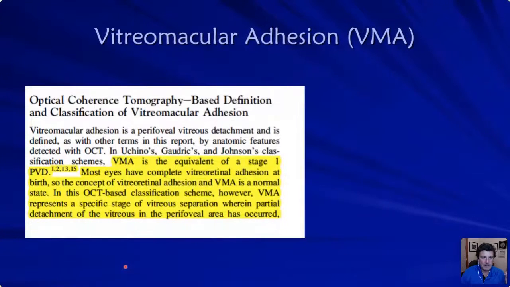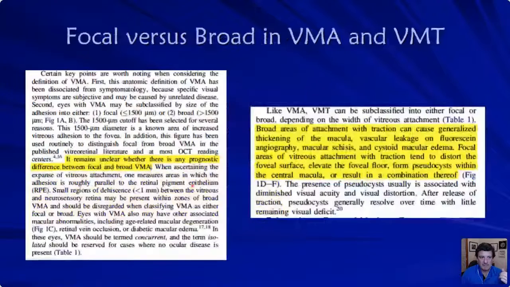So the vitreomacular adhesion is the equivalent of a stage 1 PVD. Most eyes have a complete vitreomacular adhesion from birth, right? That's what I keep saying, the posterior vitreous is attached. You just can't see it because it's flat. Then as we age, you might start getting a broad one because it's more obvious with the separation, and then it can turn into a focal.